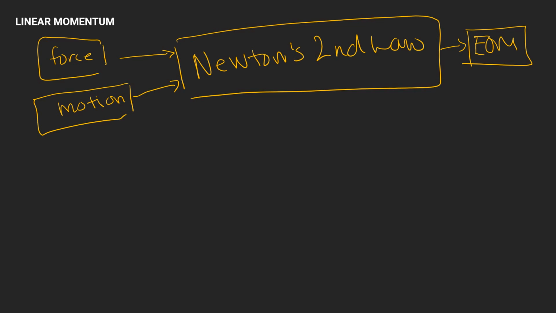And so what is Newton's second law? Newton's second law states that the rate of change of the momentum of a body is directly proportional to the force applied to it. And this week, we're going to focus specifically on linear momentum.